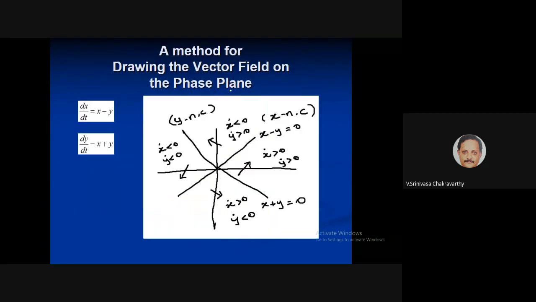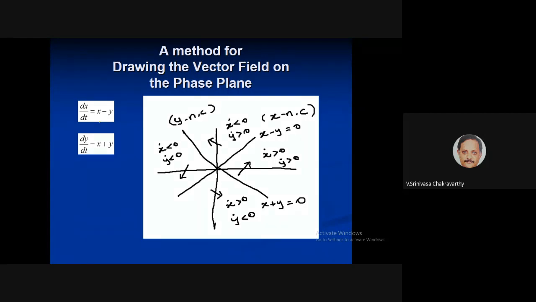The answer is yes, you don't have to calculate at every point in the plane. There are some simple hacks by which you can find out the flow pattern. Let's take a small linear system which can easily be computed, and you can find the flow pattern. We'll use the same kind of tricks later on to understand the flow pattern in more complicated nonlinear systems.